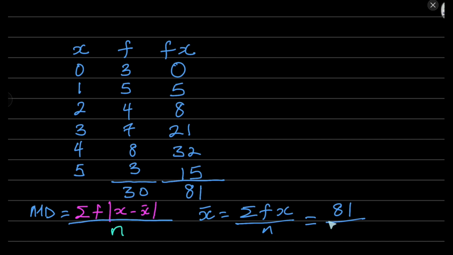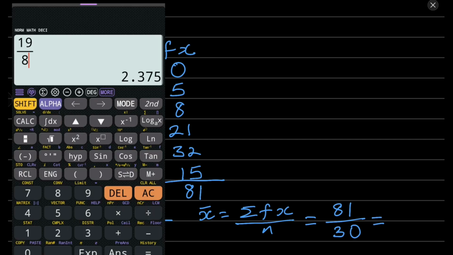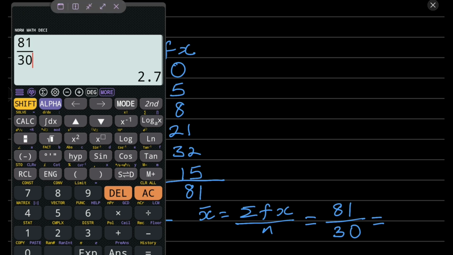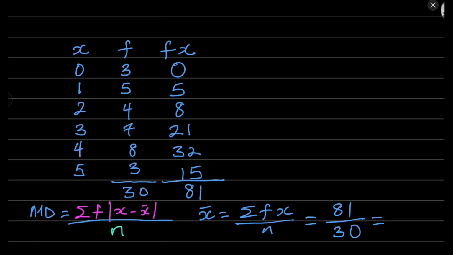So to get your mean, that will be 81 divided by 30. We can bring back our calculator. 81 divided by 30. Our mean is 2.7. So you can have a column for your mean.